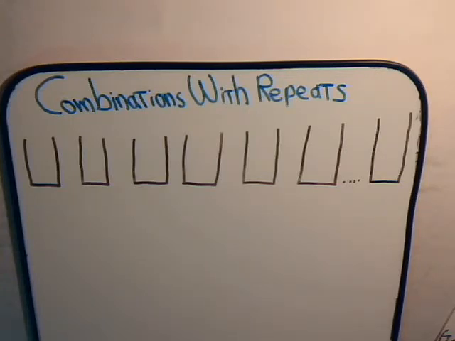Now, if you've looked at the previous videos, you know that the first thing that we try to do, for each one of these crates, is describe the situation by way of a generating function.